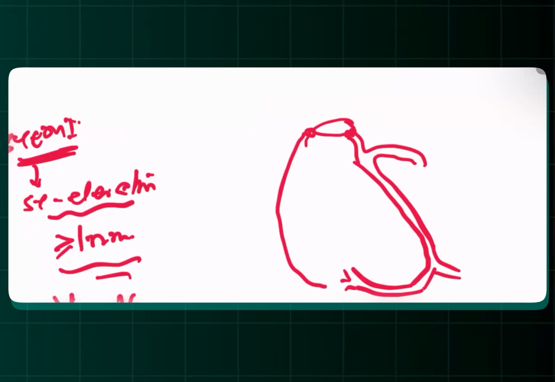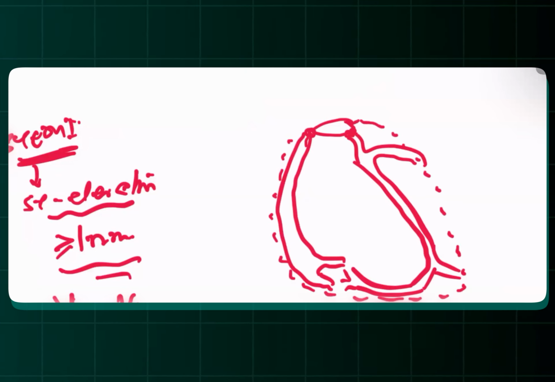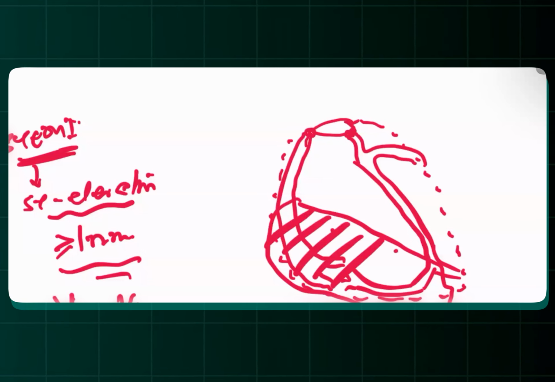So this is the RCA coming here. This is the picture diagram of the heart and the coronaries. Now, you see clearly that there is inferior wall MI. So this is the inferior wall, which is undergoing an infarction.